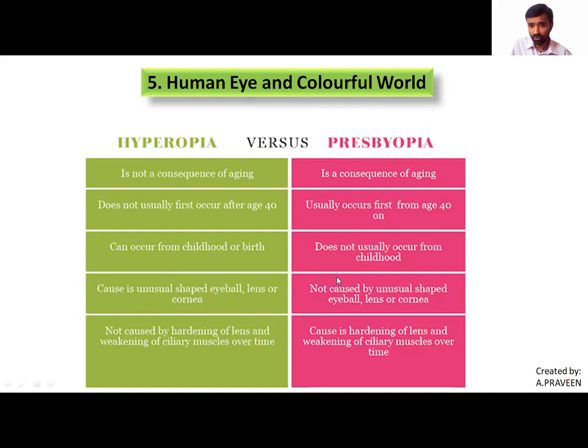But these types of observations are not there in presbyopia. Here the cause is hardening of the lens and weakening of the ciliary muscles over time. In hypermetropia it may develop within less time, but presbyopia takes more time. Like this, we can write the differences between the defects.